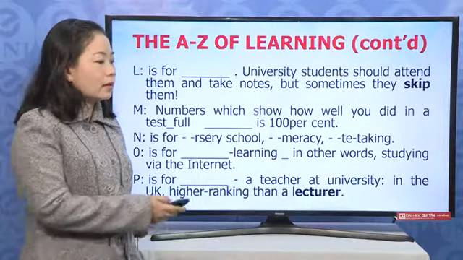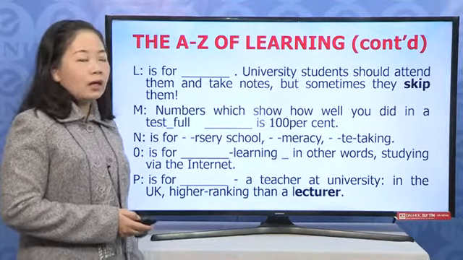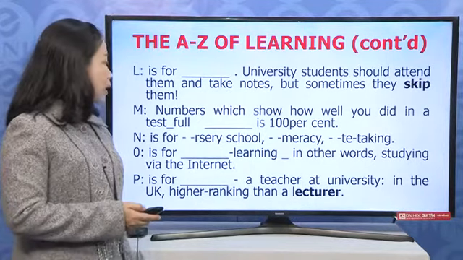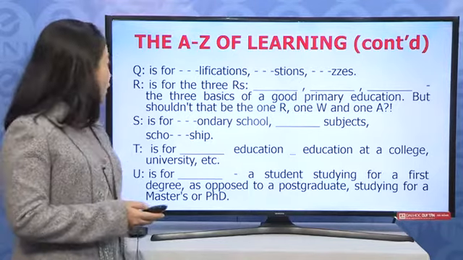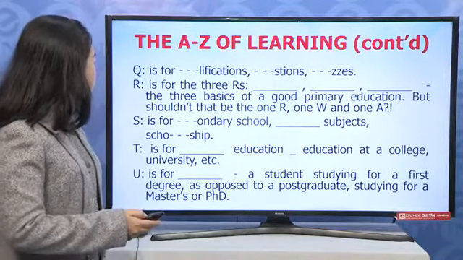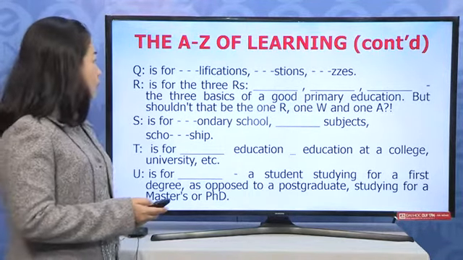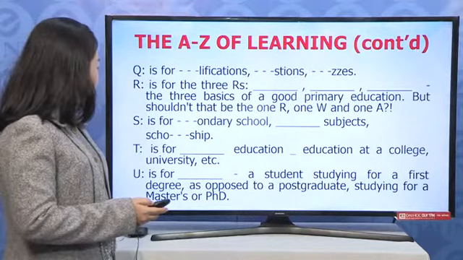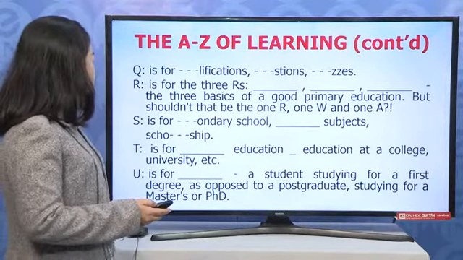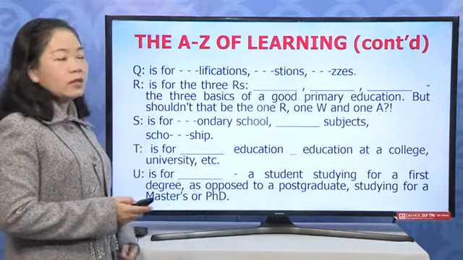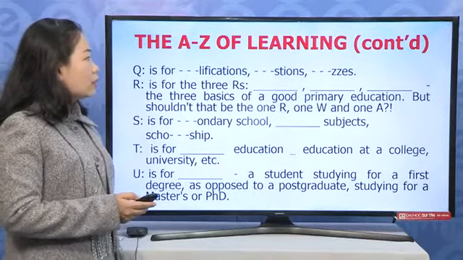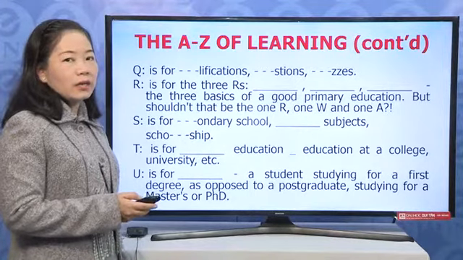Okay, and next, from letter L to letter P. So you can see Q is for qualifications, okay, questions, quizzes, for example.